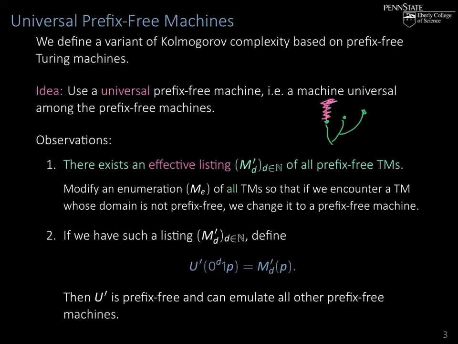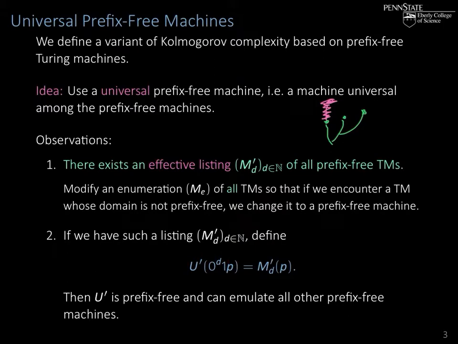U prime is defined on inputs of the form 0 to the D, 1P, and then it parses the input and emulates the prefix-free machine MD prime on input P. This definition is a little bit different from the definition of a universal machine, not necessarily prefix-free. Well, the reason is we want this machine to be prefix-free, and that's why we give it this special input format.